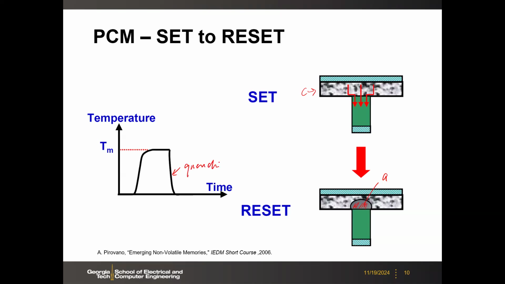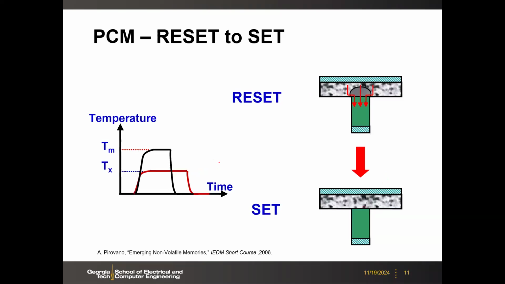Otherwise, the atoms will not remain in that random location, because atoms tend to go back to the ordered location. The only reason they remain at this random location is that you remove the heat source right away. They don't have time to go back to the preferred ordered crystalline phase.